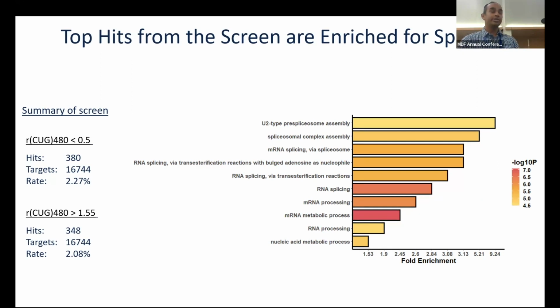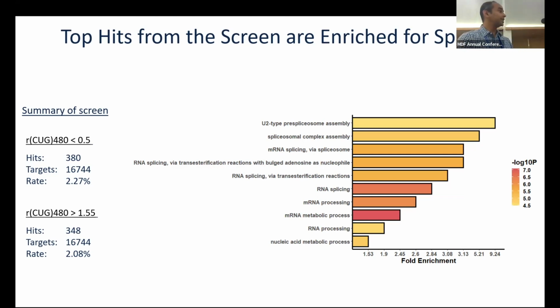We also filtered for hits that elevated or stabilized CUG 480 levels, with a cutoff that gave us approximately an equal number of hits as the reduction. However, with the elevated levels, we didn't really have a positive control, so we just filtered to identify hits based on that cutoff.